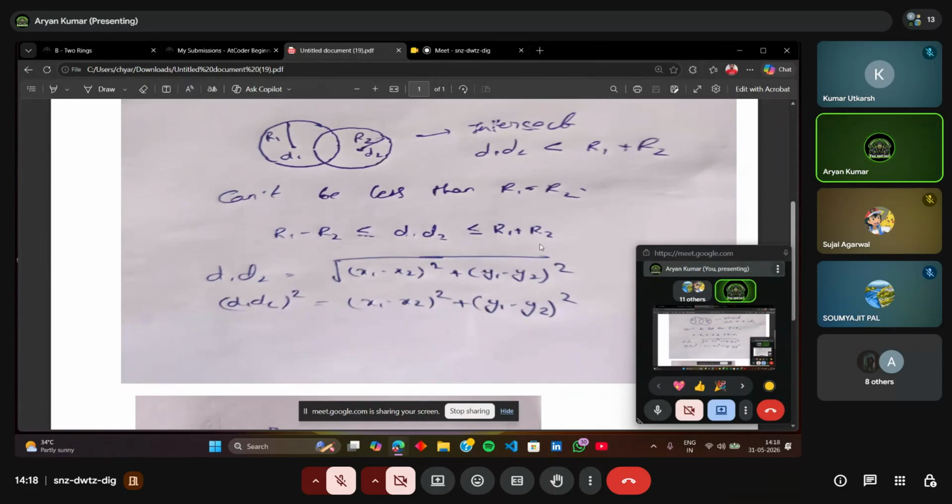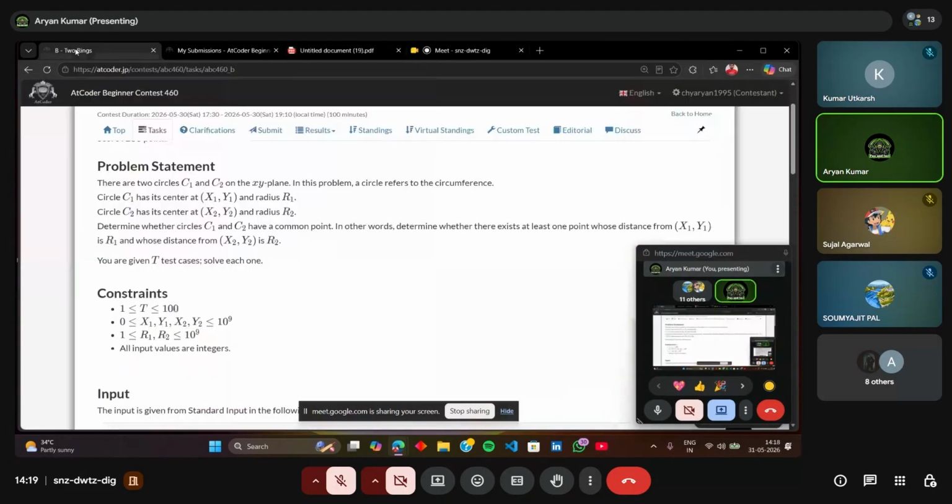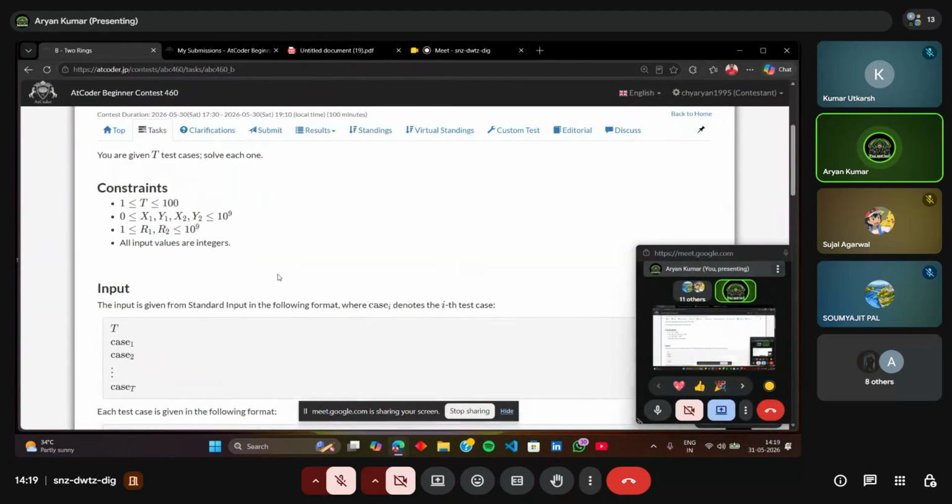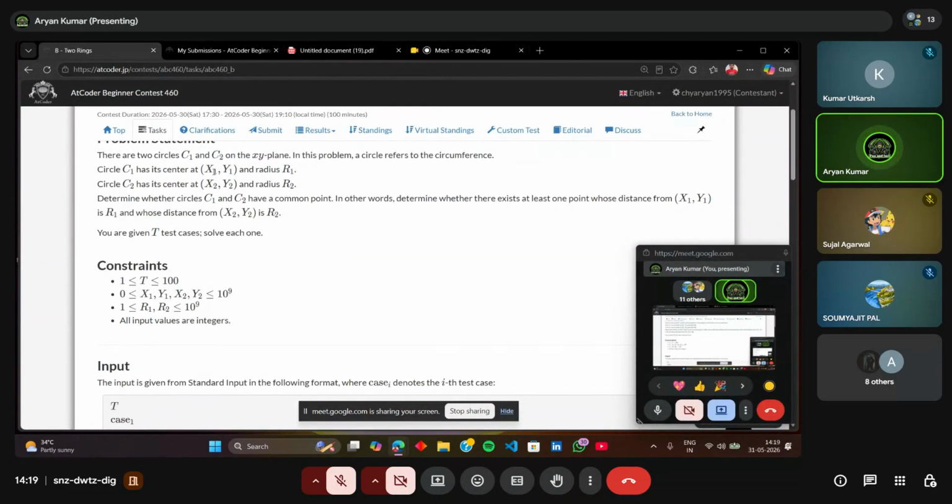Now, how do we find the distance between their centers? We are given the centers in the form of coordinates: circle C1 has center at x1, y1, and circle C2 has center at x2, y2. What is the formula to find the distance between two coordinates?